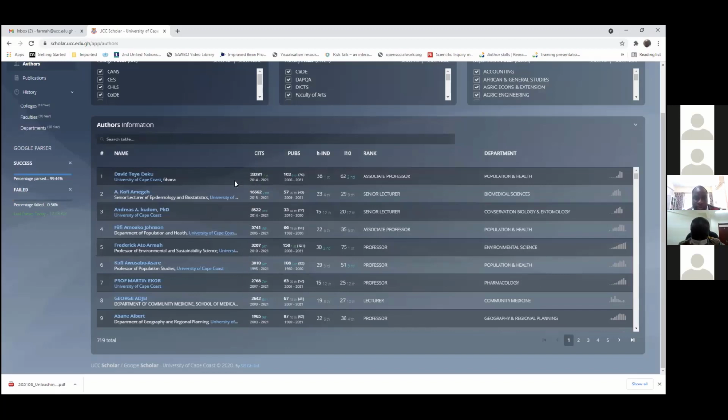You can see that. It shows the person's rank, the I-10 index, the H index, the total number of publications the person has, and then the first year the person published and the last year the person published. This shows that this individual started publishing in 2006 and has been publishing since then. So that information is also there.